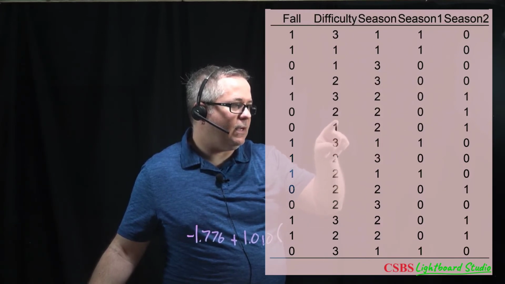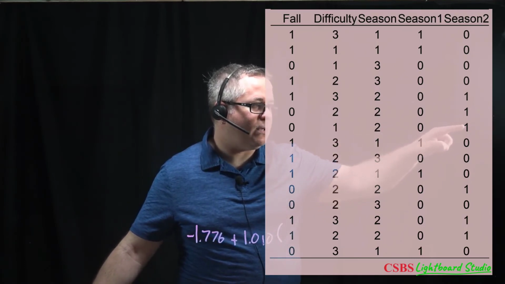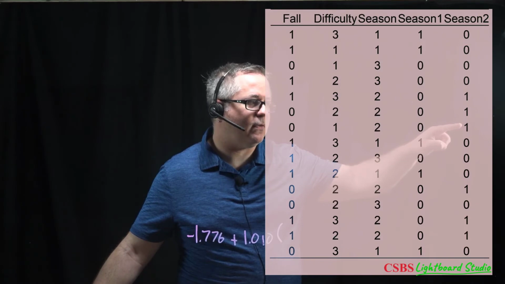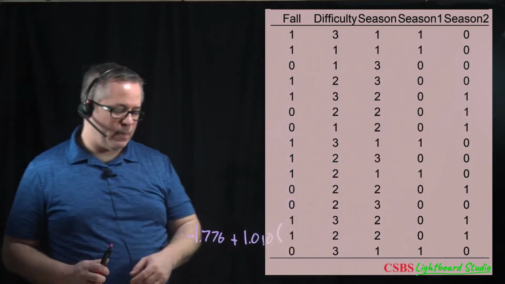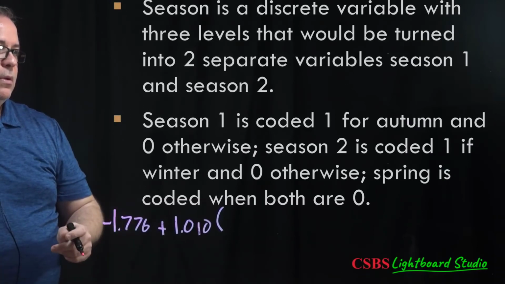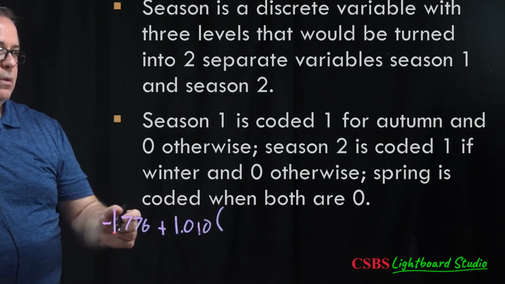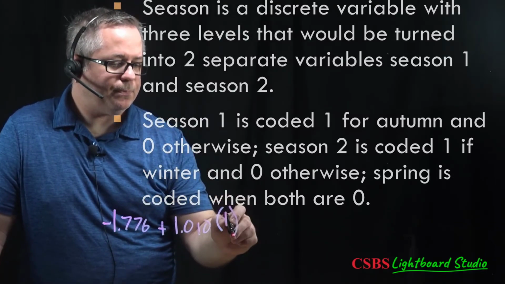This person's skiing an easy run, and they're not skiing in autumn, they're skiing in winter, because season 2 is the winter code. So I'm skiing in winter, which means the difficulty is 1.